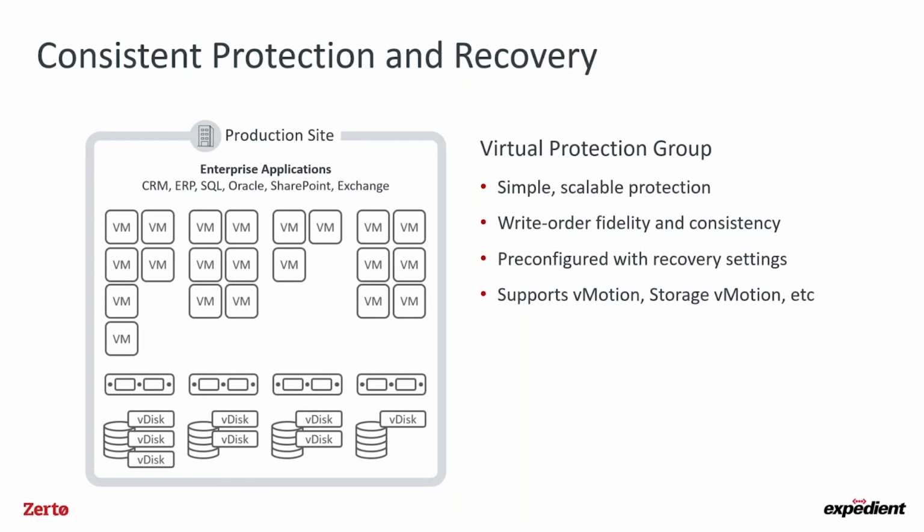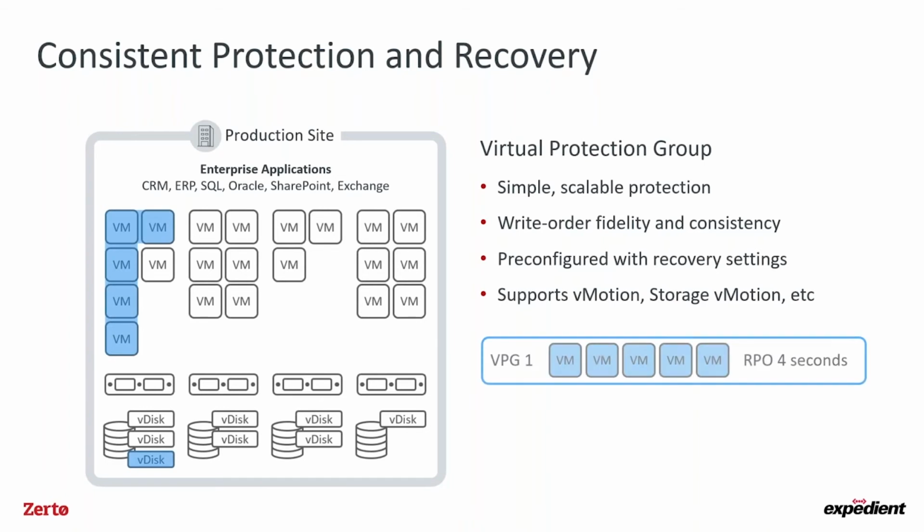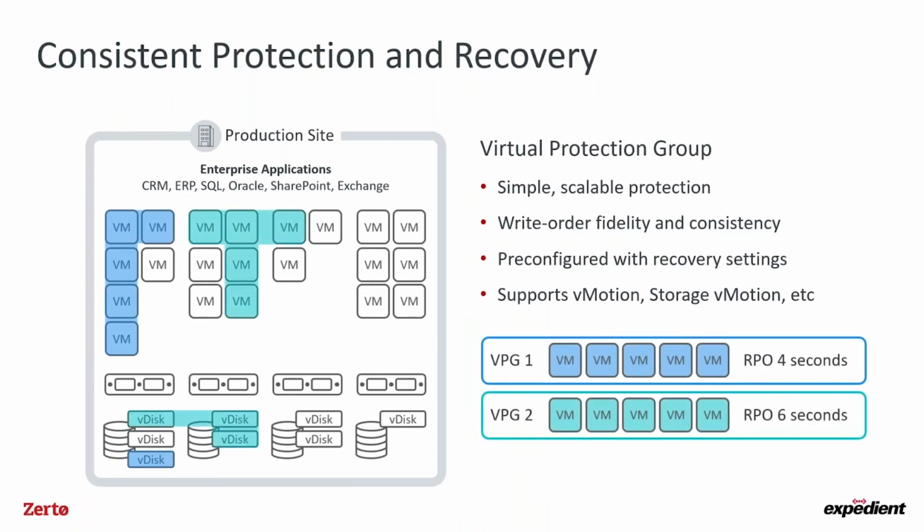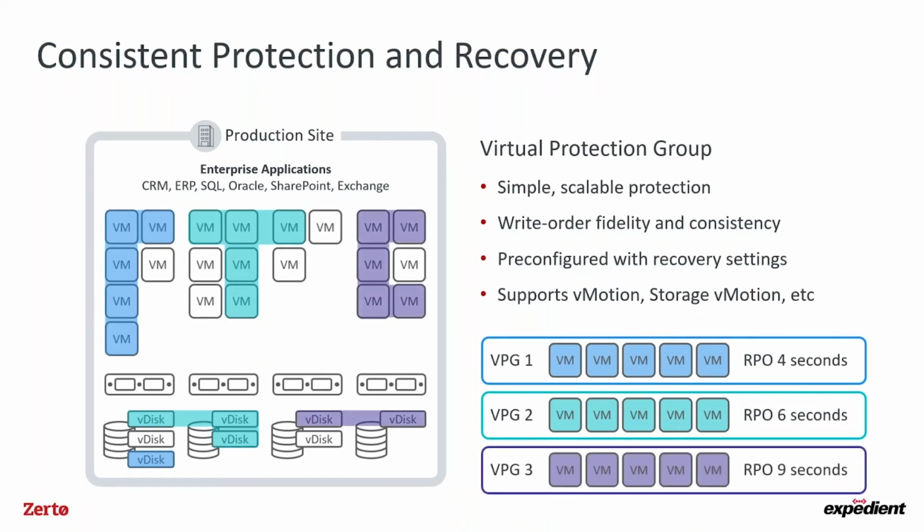It's multiple VMs. It might be multiple applications that are linked to each other with different database servers of different vendors. Now we have a concept we call virtual protection groups. Virtual protection groups allow you to simply group those VMs that make up an application or an application chain and protect them as one entity.